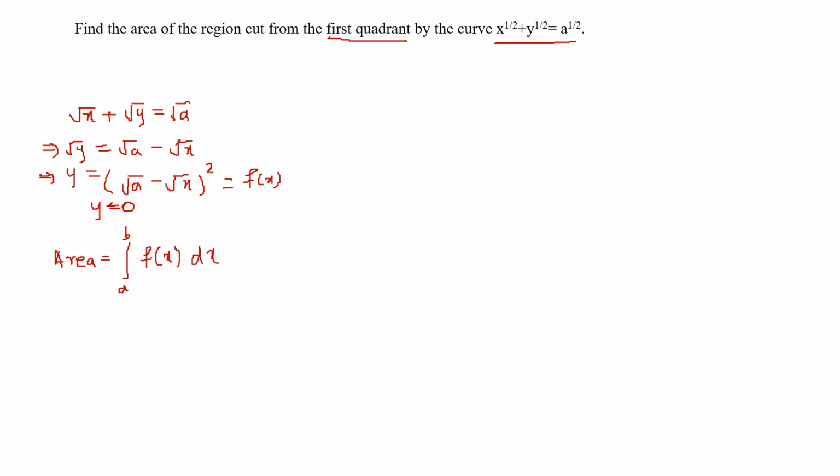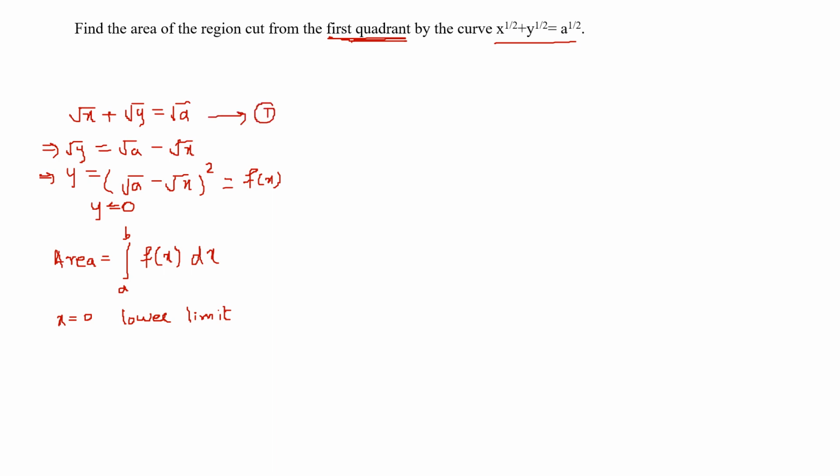Here, first we analyze the limits of integration. In the first quadrant, the region is bounded on the left-hand side by the y-axis, and on the y-axis x is 0. So our lower limit of integration is x equals 0, and for the upper limit let's use this equation. Let's call it equation number 1.